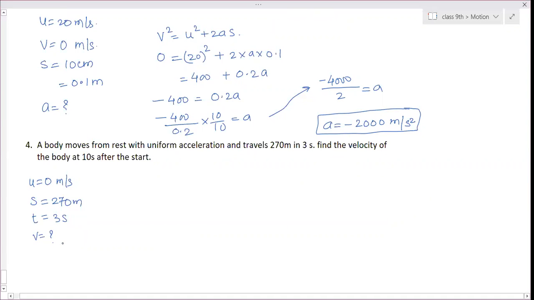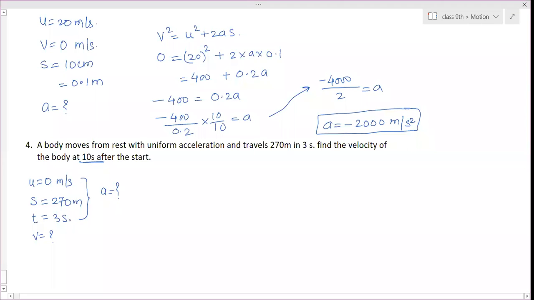Velocity, but velocity at 10 seconds they have asked. So first we have to calculate A value. Acceleration, by using these three values, we have to calculate acceleration first. And that acceleration remains constant. And finally, we have to calculate the velocity at the end of 10 seconds.